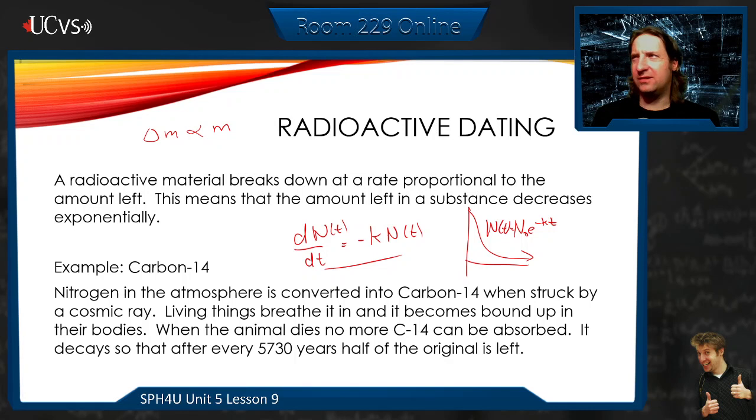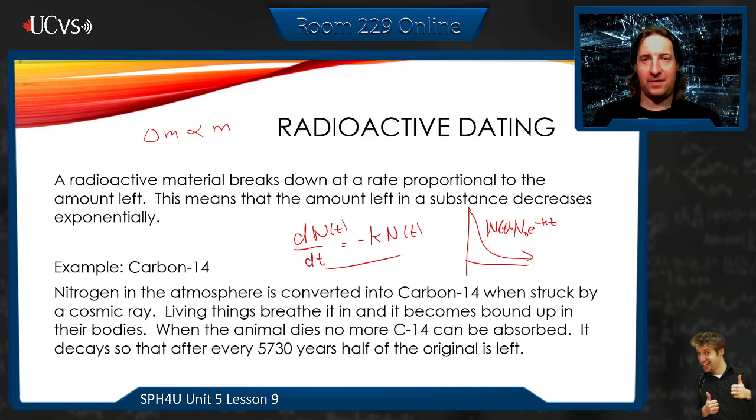I think it's a beta decay. Every 5,730 years, half of the stuff will be gone. So if there's 100 grams of carbon-14 in you right now, 5,500 years from now, whatever is left of you will only have 50 grams of carbon-14 left.